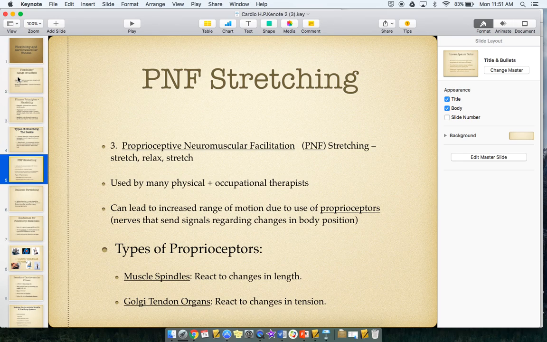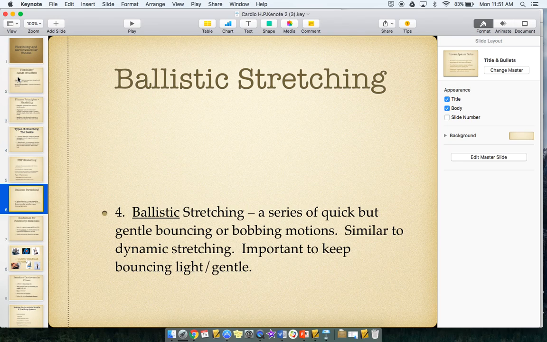The reason it does this is because our proprioceptors, those are nerves in our body, send signals regarding changes in body position. They basically teach us how to relax and go a little bit further. Ballistic stretching is another name for dynamic stretching, but it's an old school way that was a little bit faster.